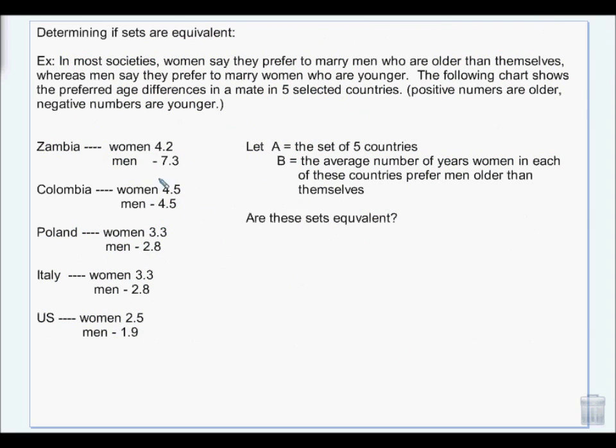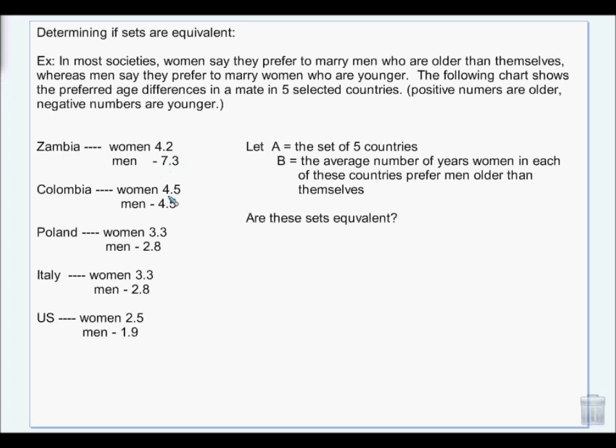We have this chart that they gave us. They had a whole graph, and I just took the information out of the graph. They say that women prefer men that are older and men prefer women that are younger. In Zambia, women like men to be about 4 years older than them, but men like women to be about 7 years younger than them. So I don't know how that really works.